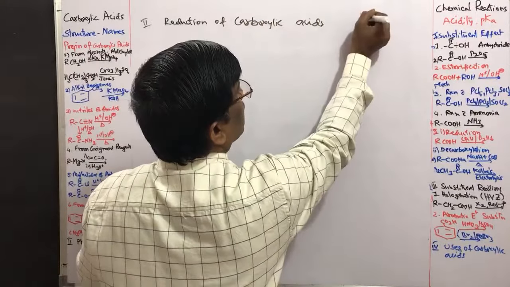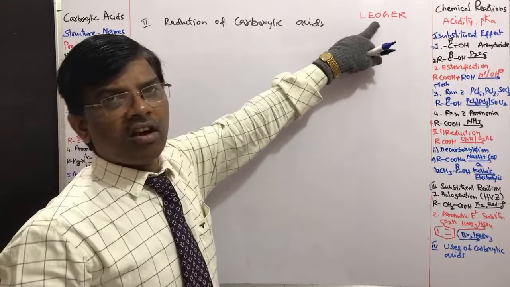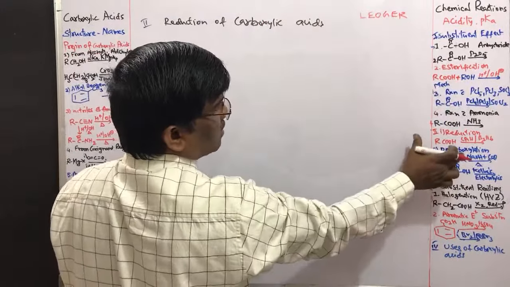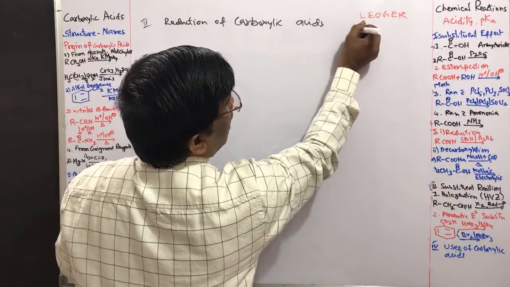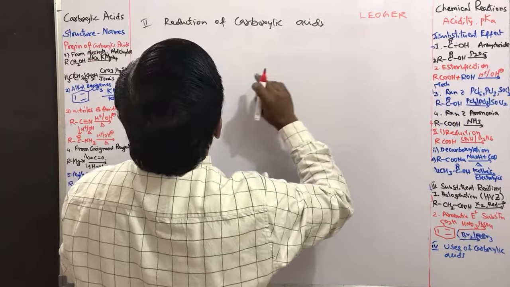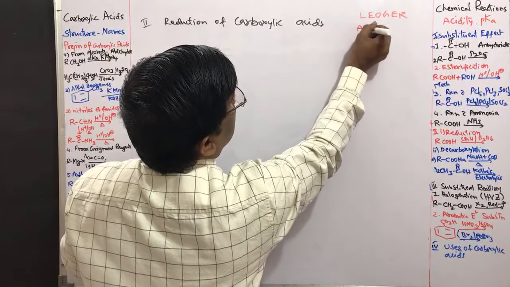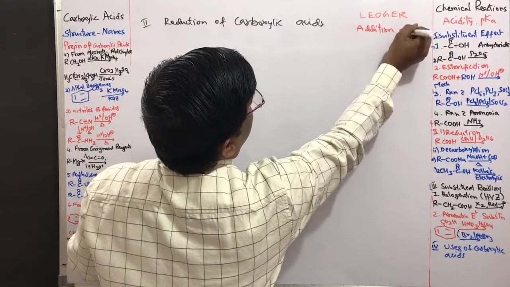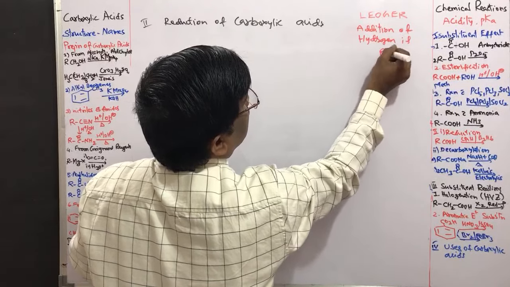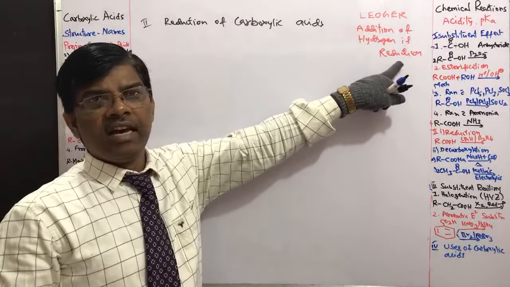Again, if I write LEO GER, it says loss of electrons is oxidation, gain of electrons is reduction. In our context, addition of oxygen is oxidation, and addition of hydrogen is reduction.